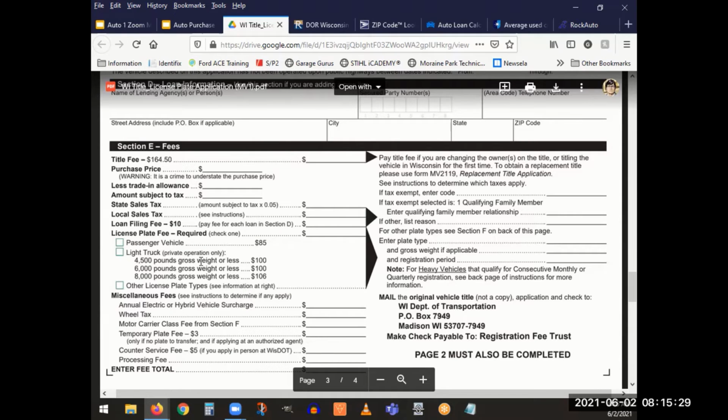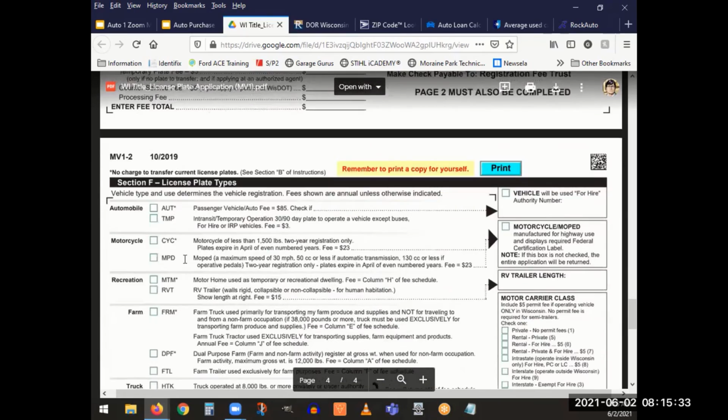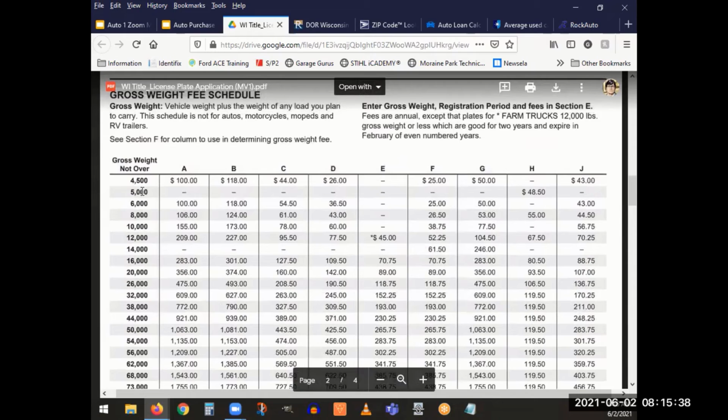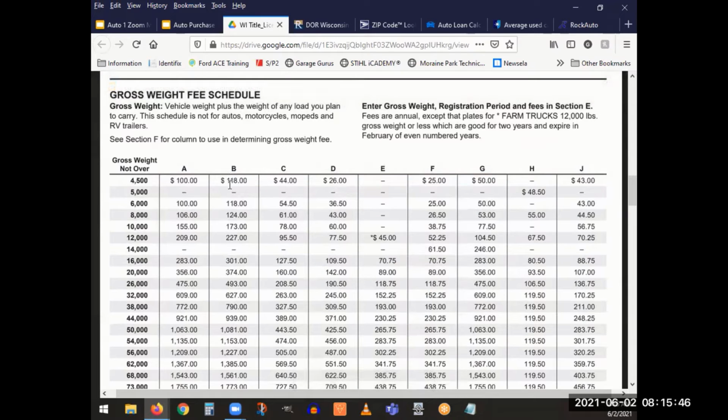This is going to require more calculations because you can come up here, and there's a whole chart on what type of license your truck is going to get, and that license is going to be indicative of how much weight you can haul. I would say most trucks are probably going to be in a B license, would be my guess.